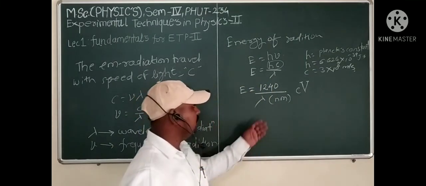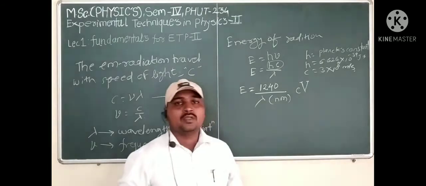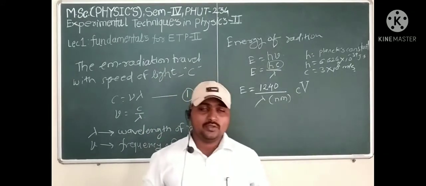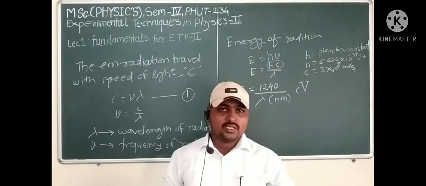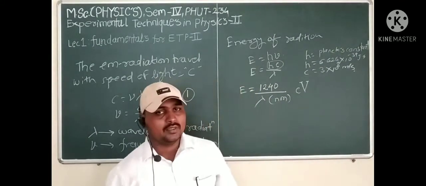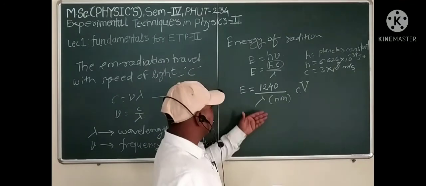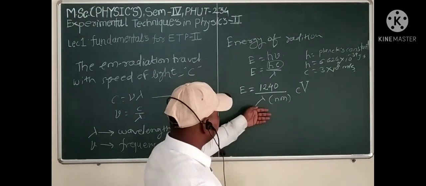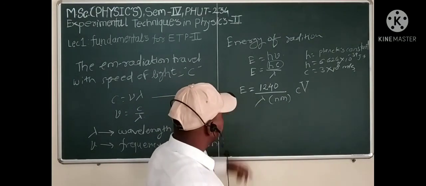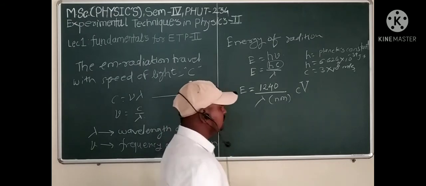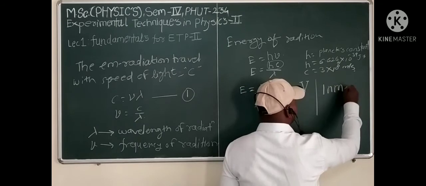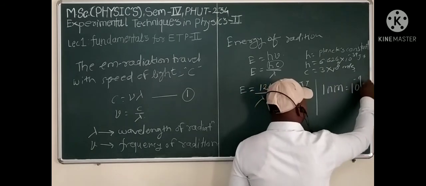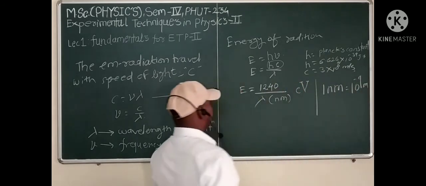What is wavelength? In the visible region, we see the blue color, red color, yellow color. Each color has a different wavelength. If we put that value of wavelength in this equation in terms of nanometer, we will find their respective energy. And 1 nanometer is equal to 10 raised to minus 9 meter.